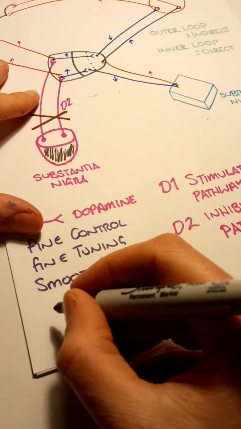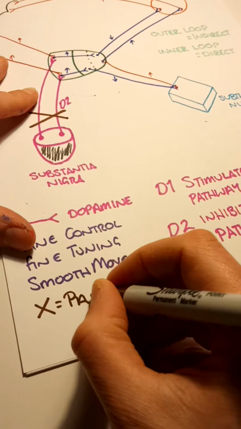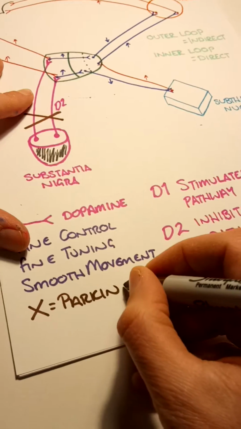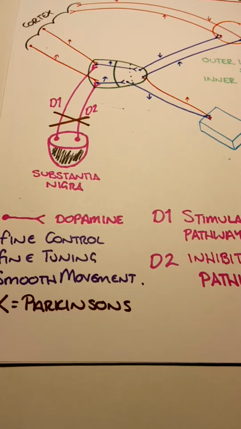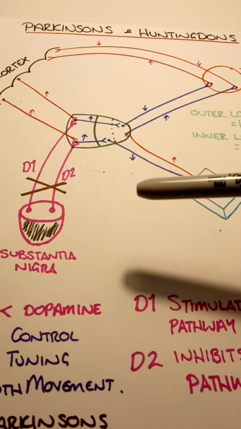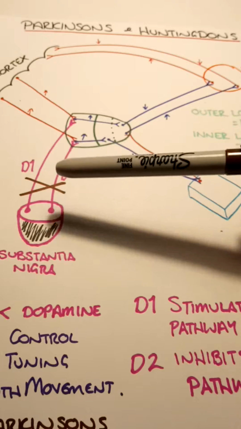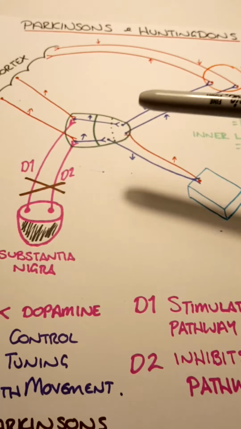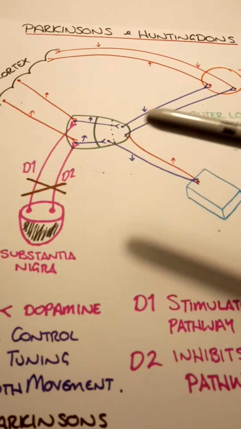So X equals Parkinson's. And if that affects the dopamine pathway, you have less dopaminergic neurons. So therefore, less global movements will occur.